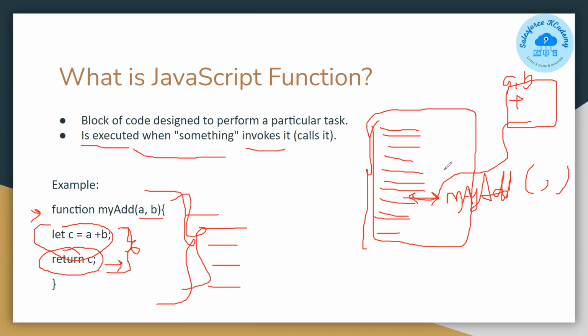We'll see what invoking or calling is, and what the return statement is and how to write it. But for now just understand it's a block of code designed to do a particular task whenever something calls it.